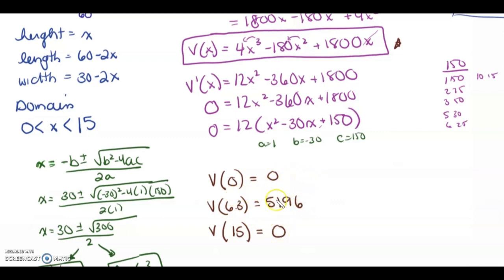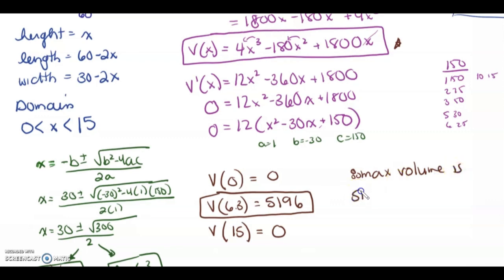Out of these three numbers, what is going to be the biggest number? Well, it's definitely 5196. So therefore, the maximum volume is 5196, and that's going to be measured in centimeters cubed with the dimensions.